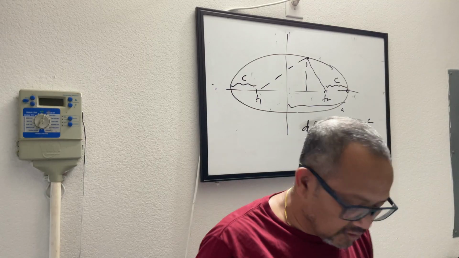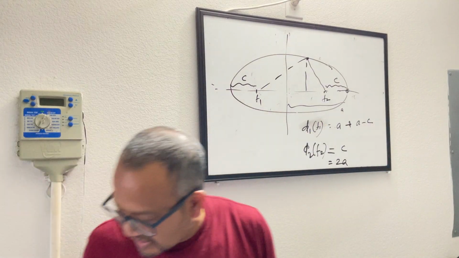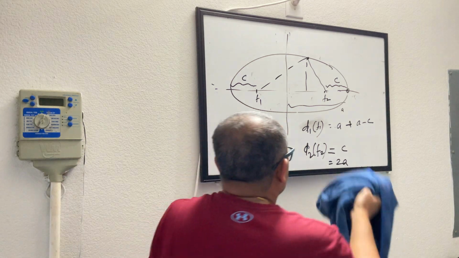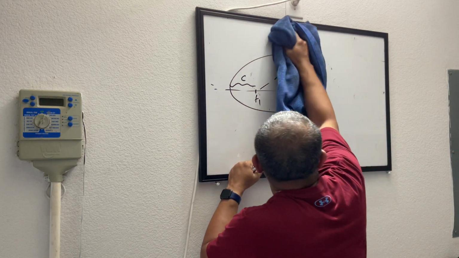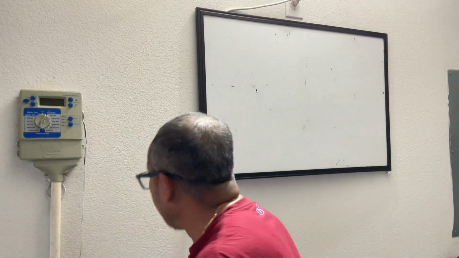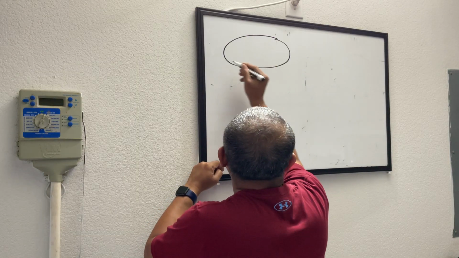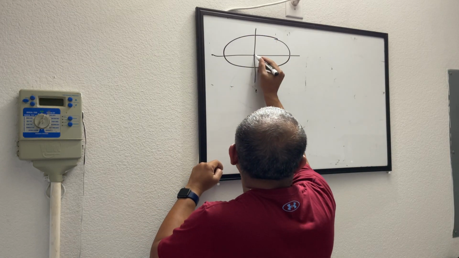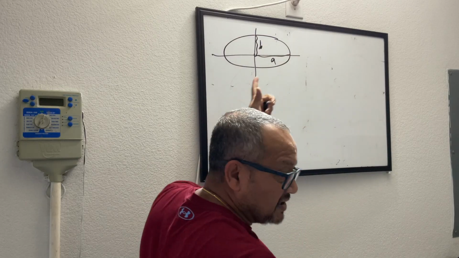Okay. So now if we collate all these things, what are the things that we have just talked about? We are talking about an ellipse which has major radius A and minor radius B, and major and minor can change.